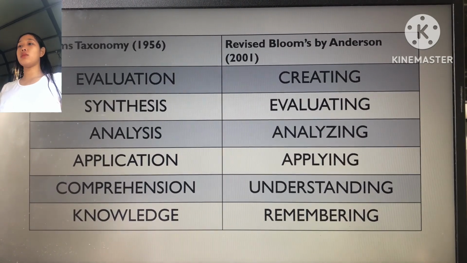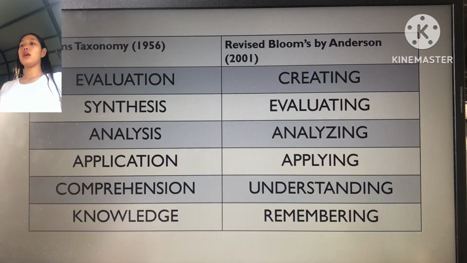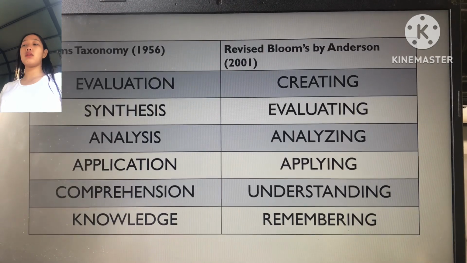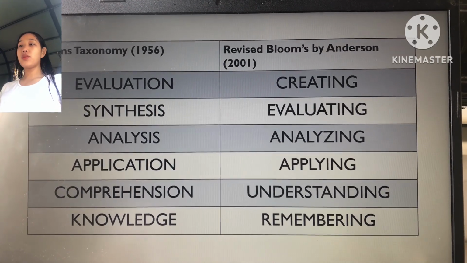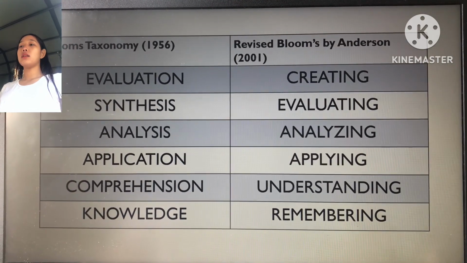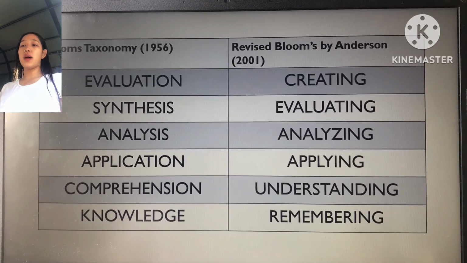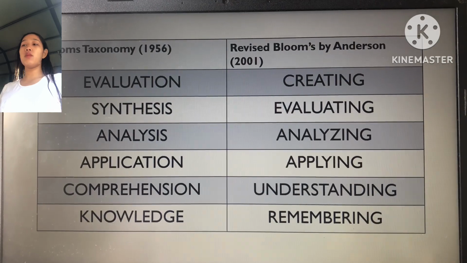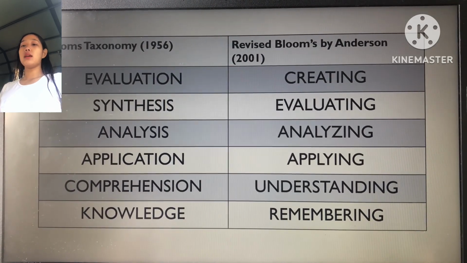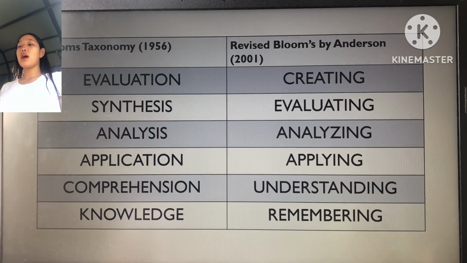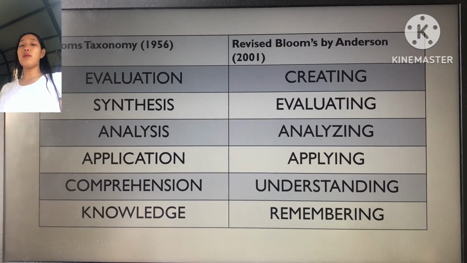But when it comes to the revised Bloom's by Anderson in 2001, the first one is creating, the second is evaluating, the third, instead of analysis before, becomes analyzing. Before application, now it becomes applying, understanding, and remembering.